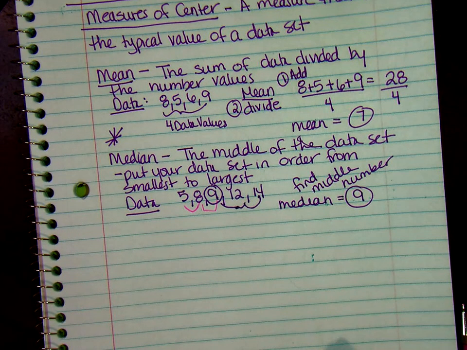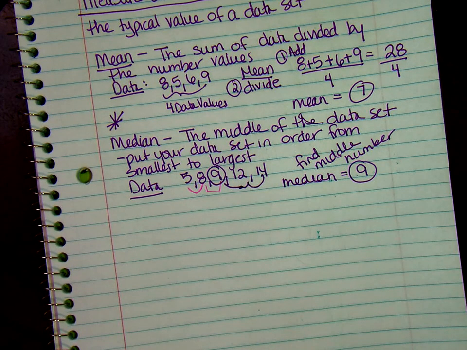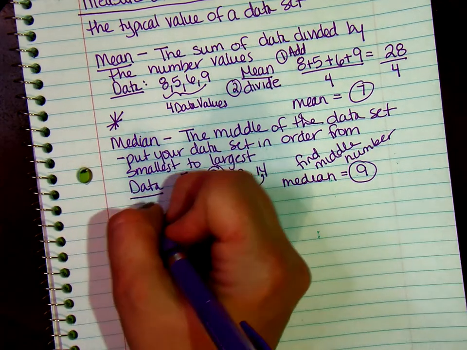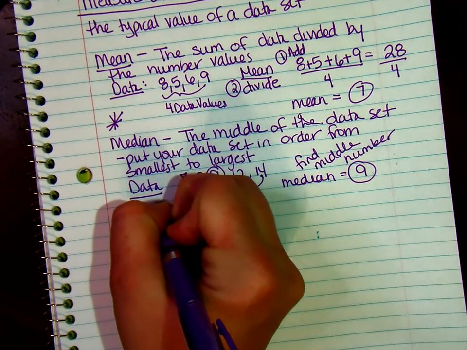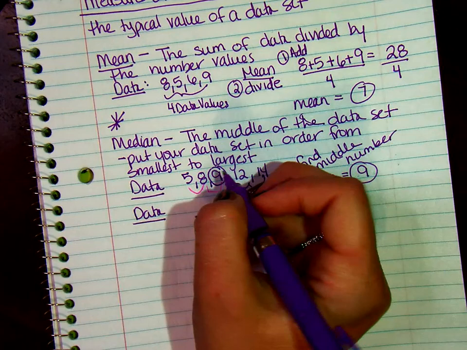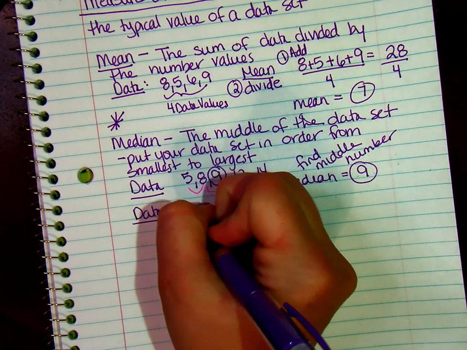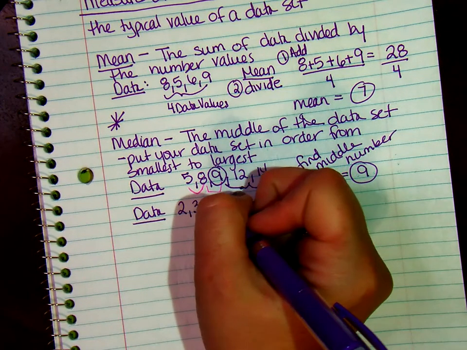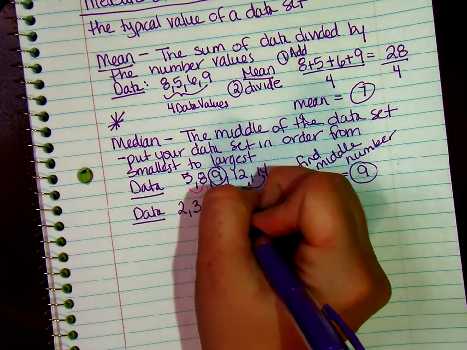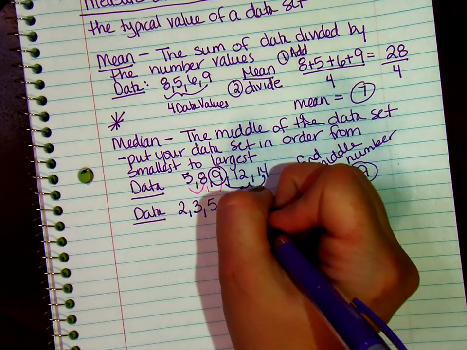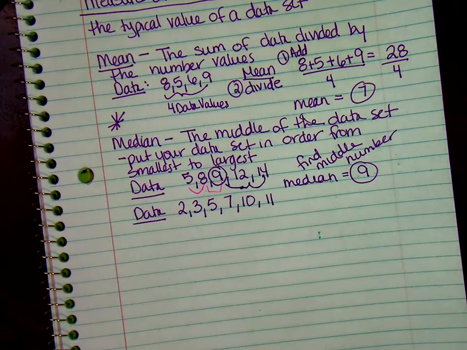Now, here's the thing though. Sometimes we don't have an odd data set. We have an even data set. So if, for example, our data was 2, 3, 5, 7, 10, and 11. Notice that that's 6 numbers. It's even.